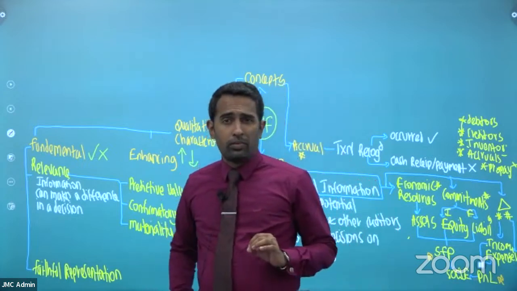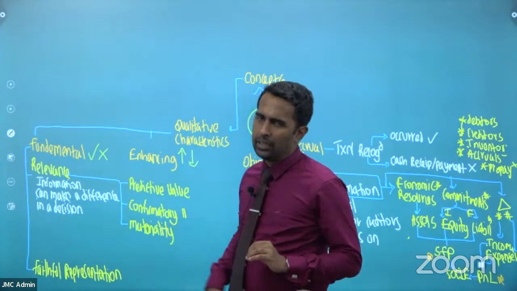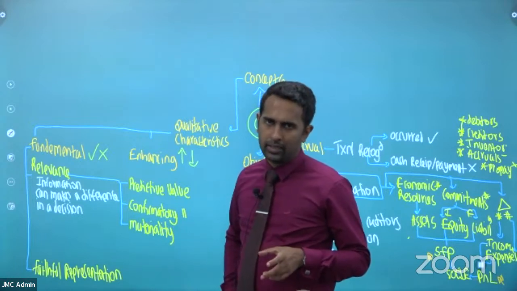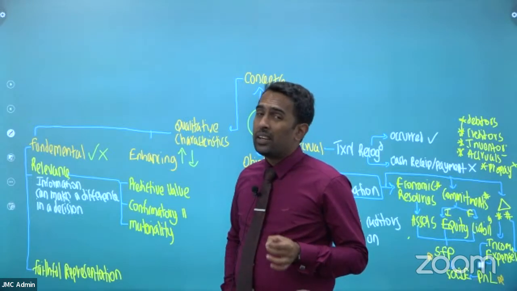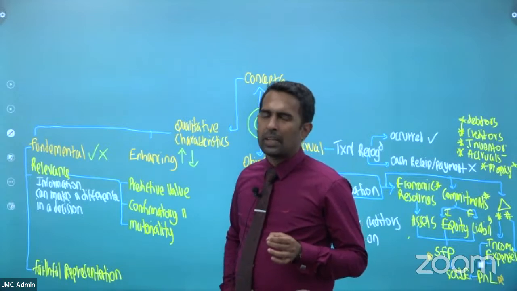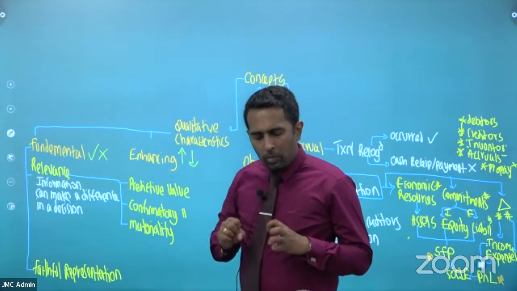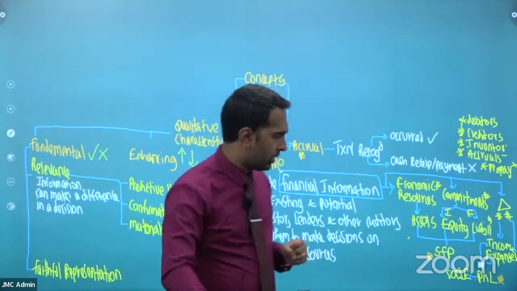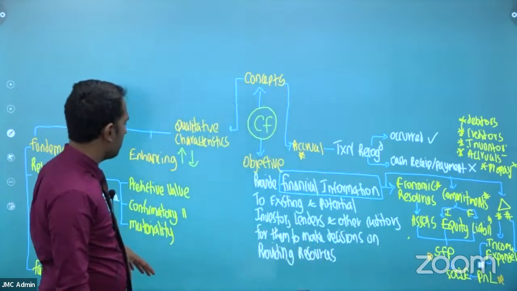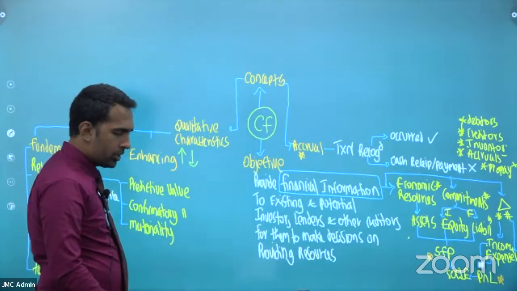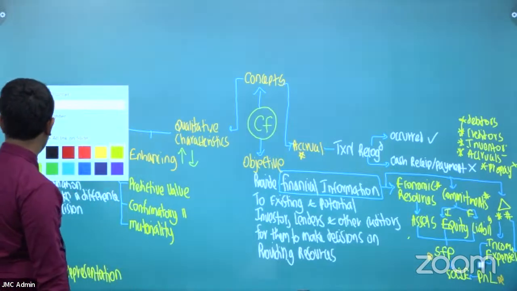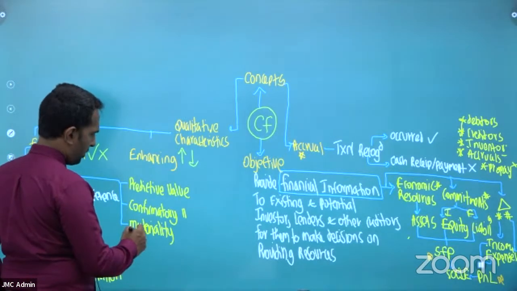What is the meaning of materiality? Materiality means if an omission or misstatement, I'll take the two words, the omission or a misstatement, can influence a decision. Let me put it here.